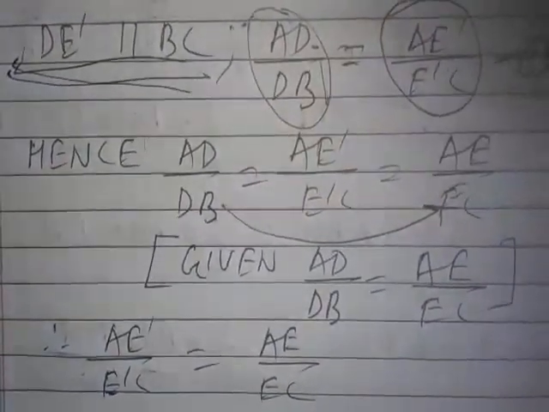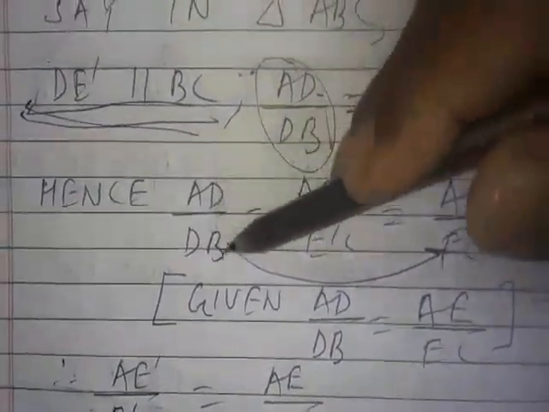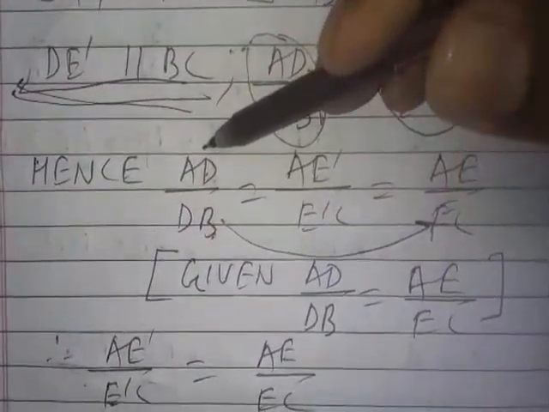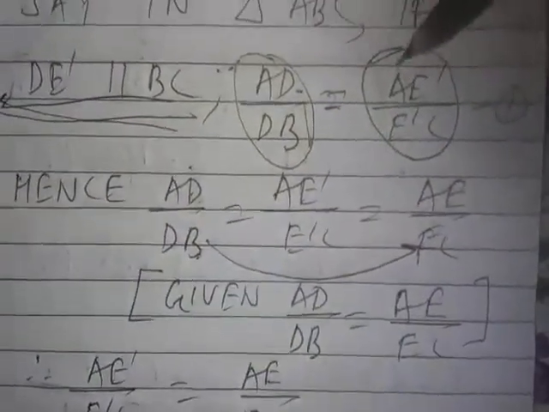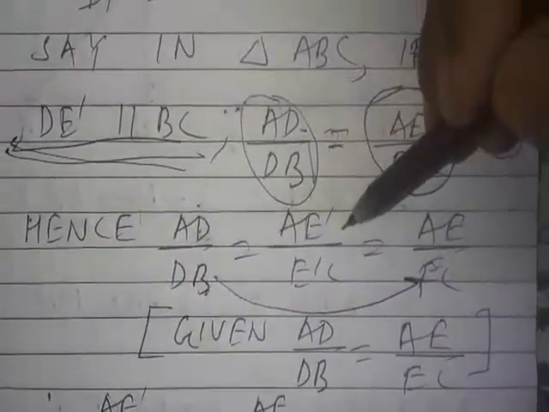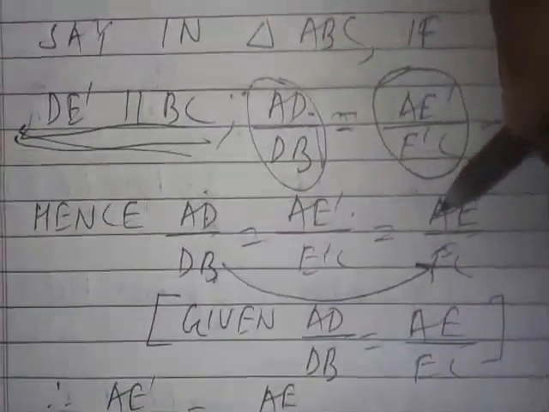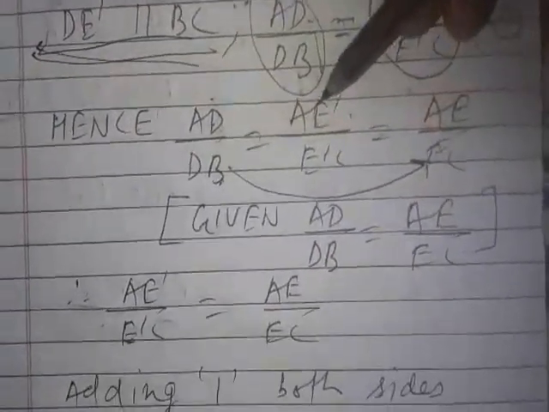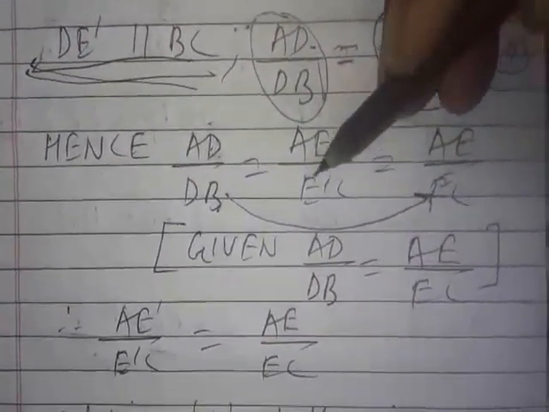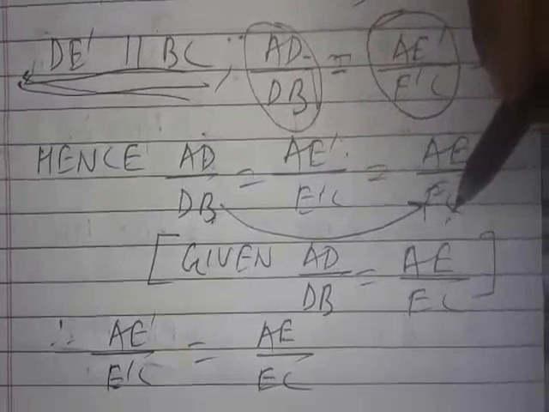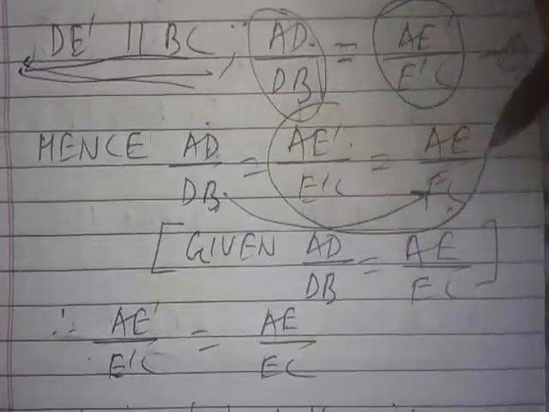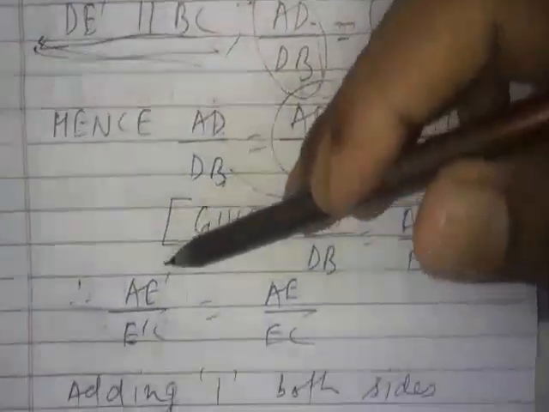Since AD by DB is a common ratio equal to both AE dash by E dash C and AE by EC, these two ratios are also equal to each other.